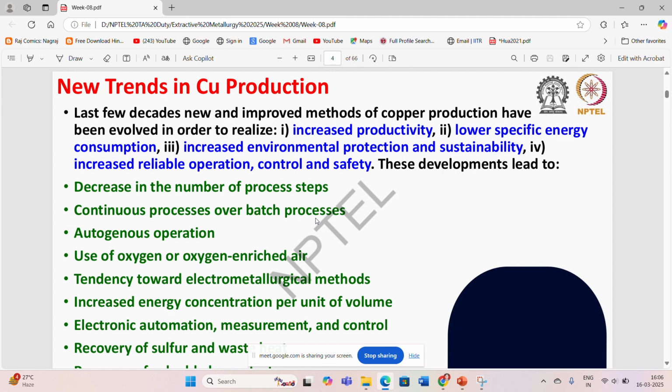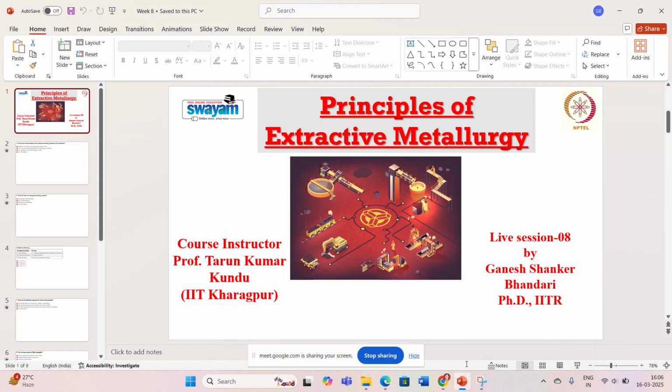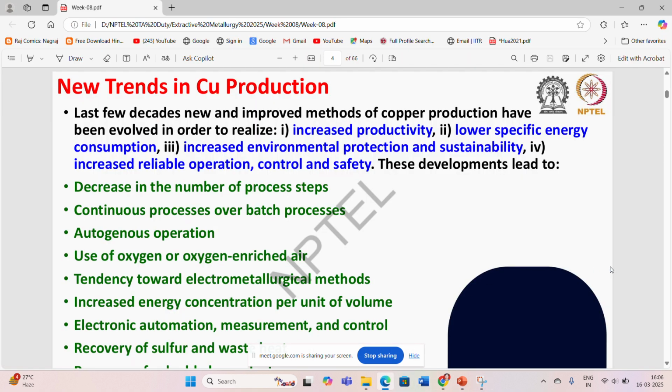With the technological enhancements and new research going on, now they have shifted towards the flash smelting process for copper production. So in the last few decades, new and improved methods of copper production have evolved in order to increase the productivity, because nowadays the demand for copper metal keeps increasing.